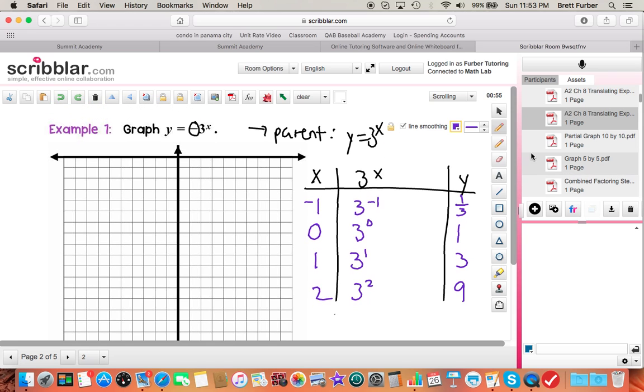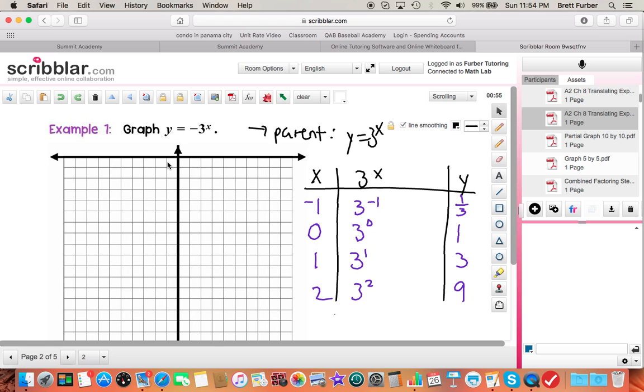But what we originally have, and what we're going to translate, is that these values originally might have been above the x-axis. They're going to drop below. All of these are going to change to below the x-axis. So negative 1, 1/3 would be somewhere up here.